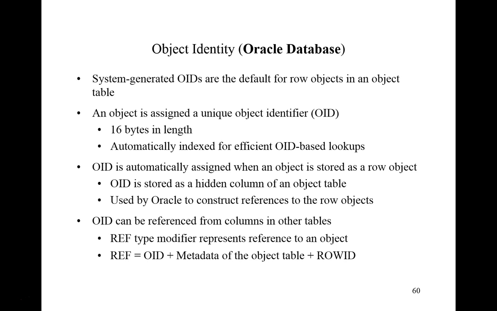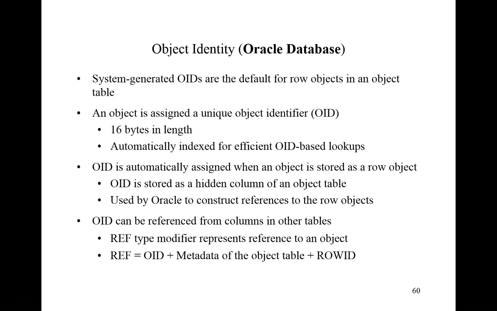Effectively, the ref is a combination of the OID and some metadata for that object table, plus something that Oracle uses in its relational framework called the row ID, which effectively is like the physical location of the record within the database system. But again, applications are only concerned with using object references for fetching and navigating among objects.